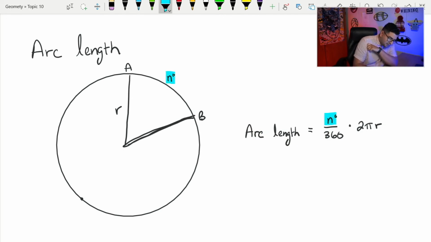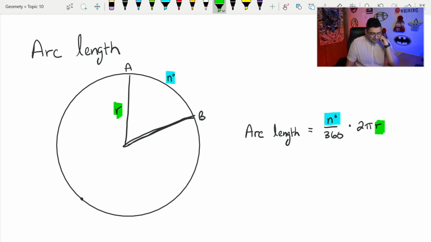So the equation is that we take the measurement of the arc angle, divide it by 360, then multiply it by 2 pi r, the radius. So these are the values that we need: the arc angle and the radius, and then we just plug them in.